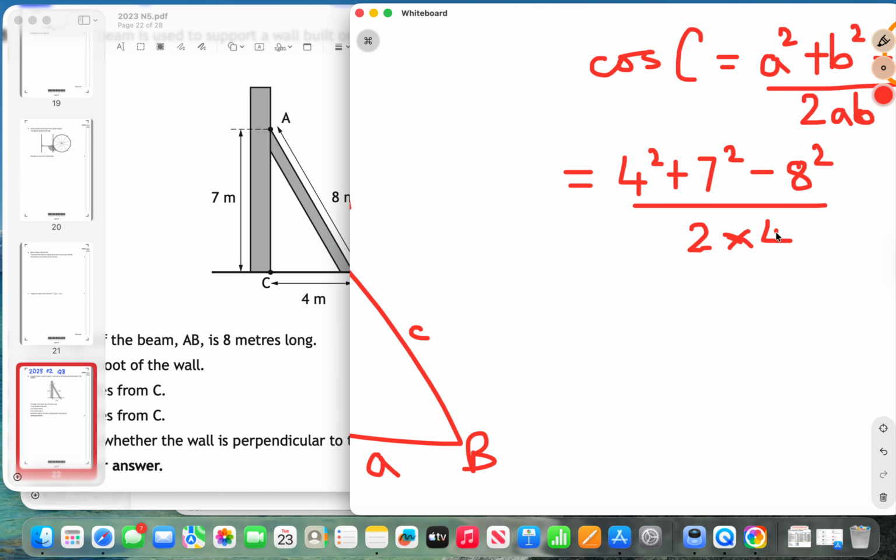BODMAS is super important, or BIDMAS, depending on which version you learned. So let's first of all find the value of the cosine of C. Be very careful with this one.